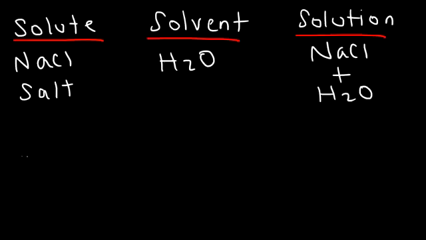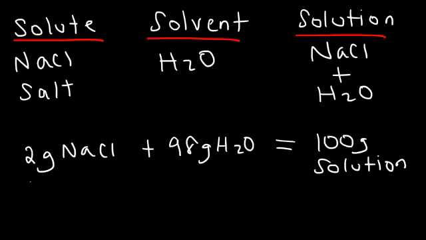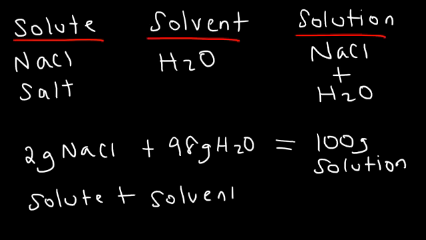So if I were to mix, let's say, 2 grams of sodium chloride with 98 grams of water, I will have 100 grams of solution. So keep this in mind. In terms of mass, the solute plus the solvent is equal to the solution.